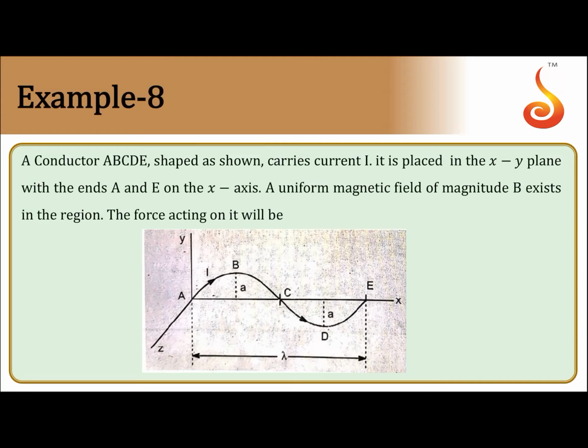Now come to this question. A conductor ABCDE shaped as shown carries a current I. It is placed in the xy plane with the ends A and E on the x axis. A uniform magnetic field B exists in the region.